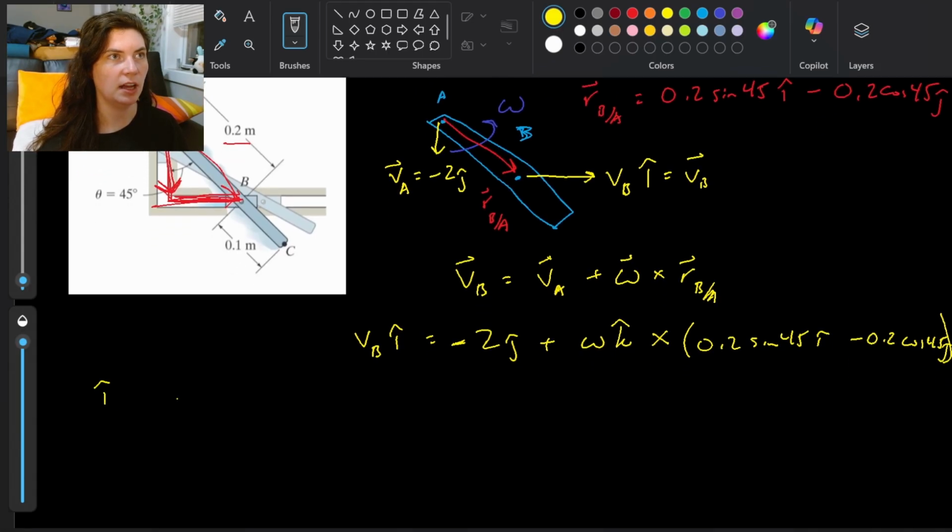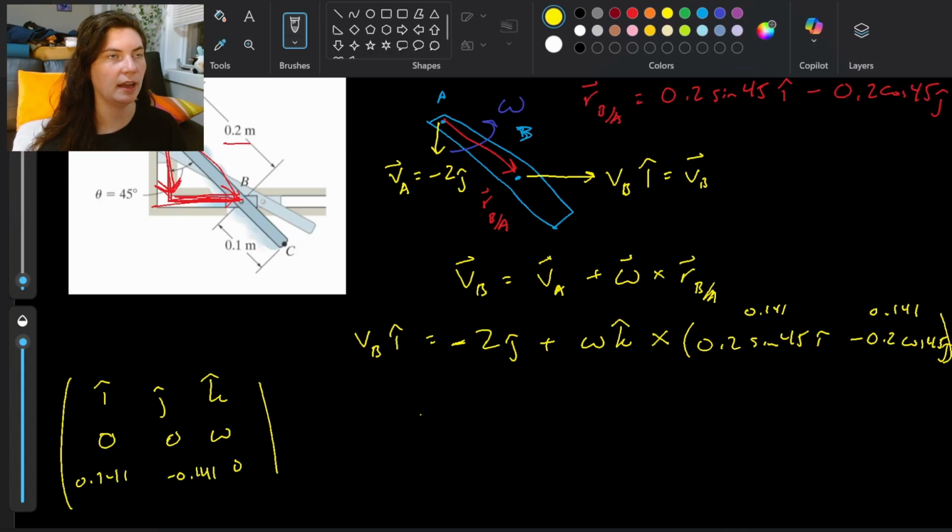We have i, j, k, then 0, 0, omega. Then our bottom line there is 0.2 sine 45, which simplifies to 0.141, for both of those, 0.141 and a negative 0.141, and then a 0.